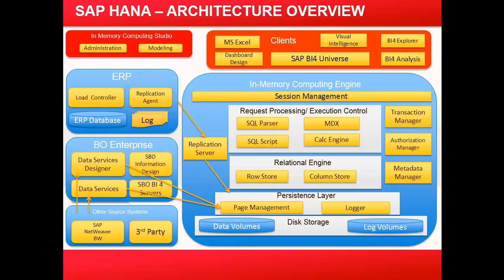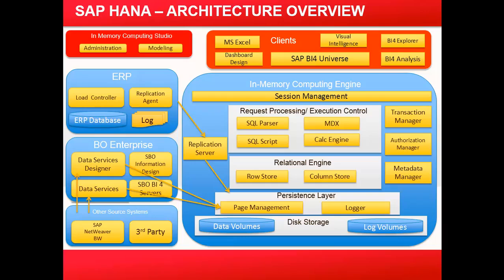The SAP HANA database has the following subsystems that we just saw: the row store, the column store, and the object store as well. These relational object stores act as the database. Row and column stores are in-memory databases, that is, their primary data persistence is based in RAM.